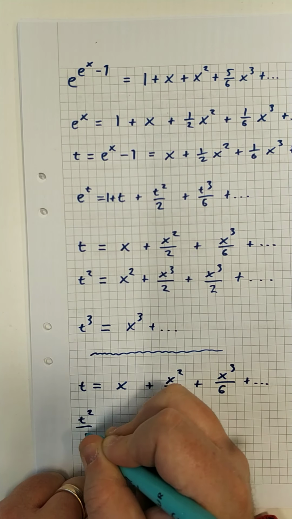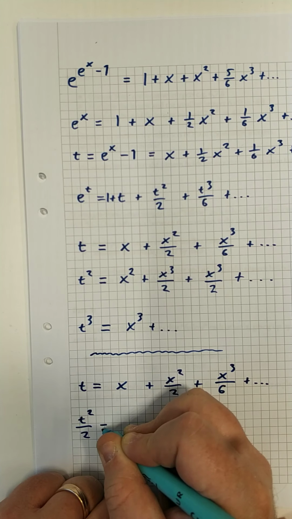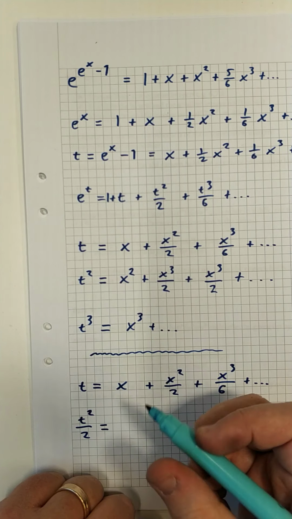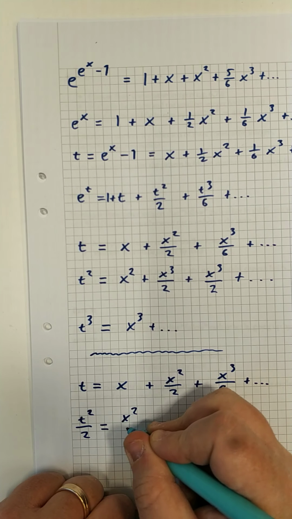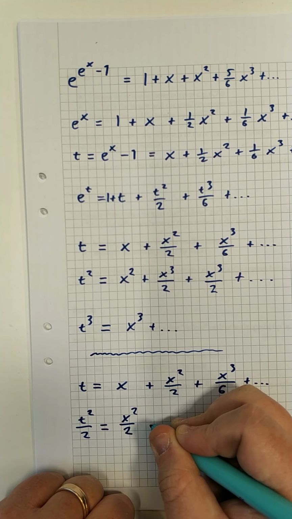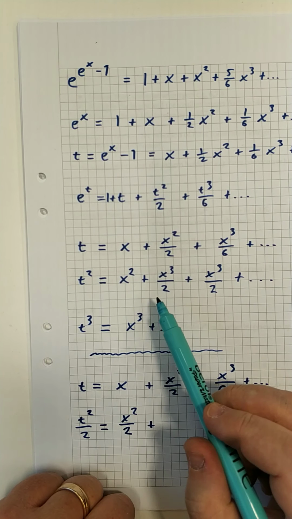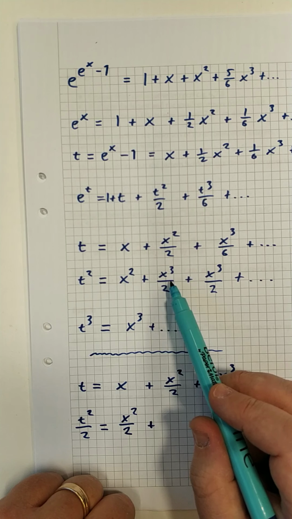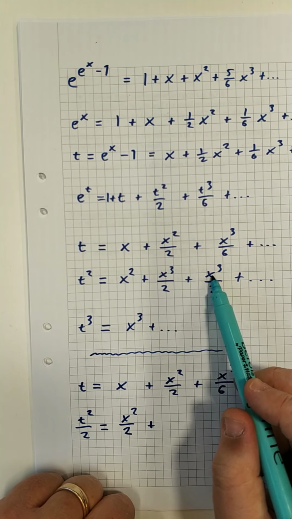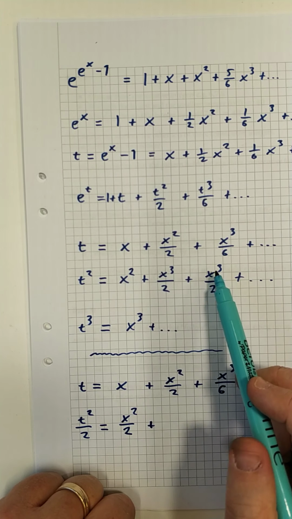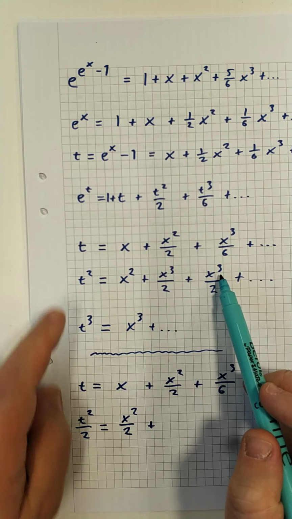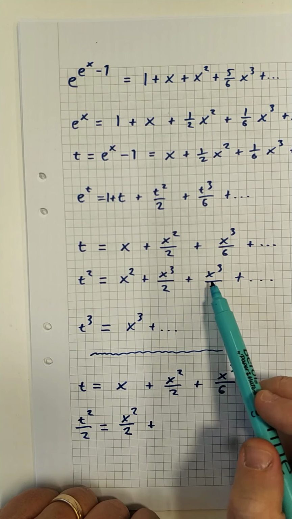T squared divided by 2, which is what I'm after, is going to be x squared divided by 2 plus, I have actually two similar terms, x cubed divided by 2 plus x cubed divided by 2. So the total x cubed term in t squared will have a coefficient of 1.